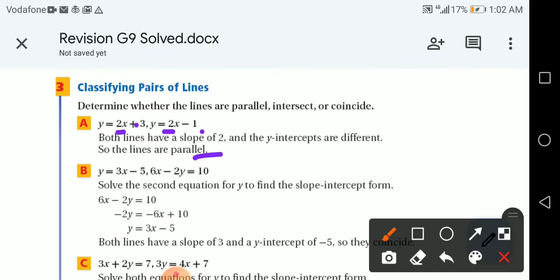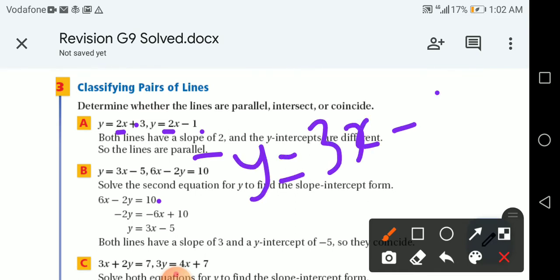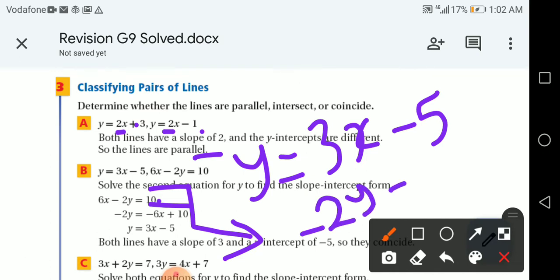What about this one? I have y equals 3x minus 5, and 6x minus 2y equals 10. I will write y equals 3x minus 5, and the other one I should write in the order of y equals mx plus b. So I start with negative 2y equals negative 6x plus 10.